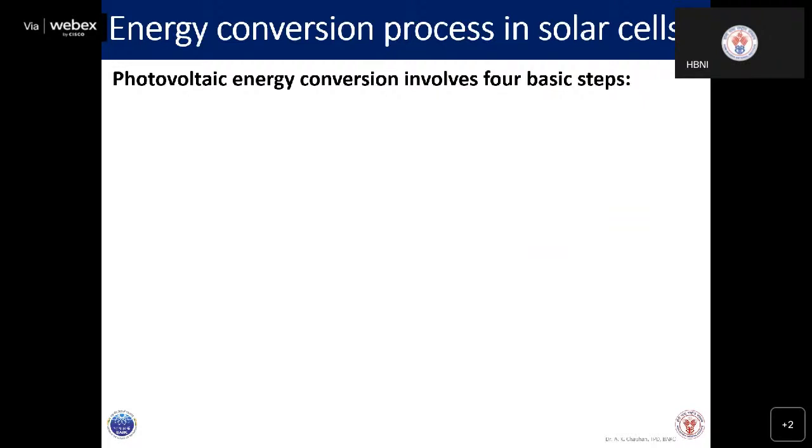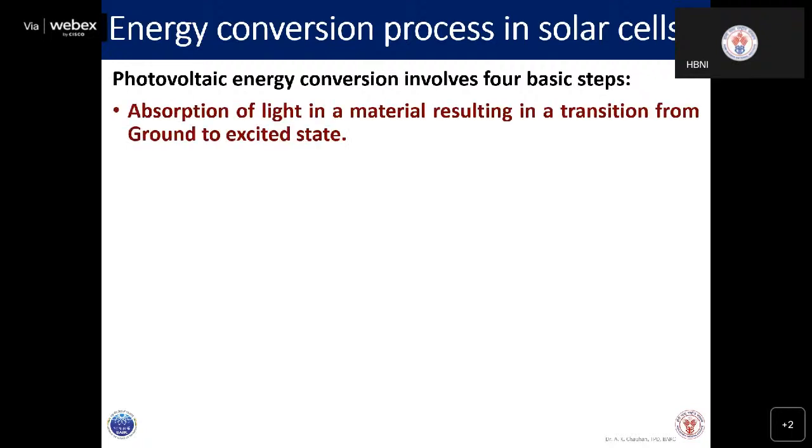Now, what are the different processes in photovoltaic energy conversion? This means, when radiation falls on a solar cell, how is it actually converted into electrical energy? First, obviously, the light has to be absorbed.